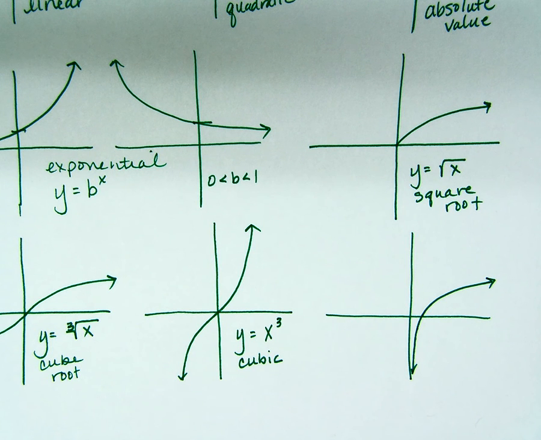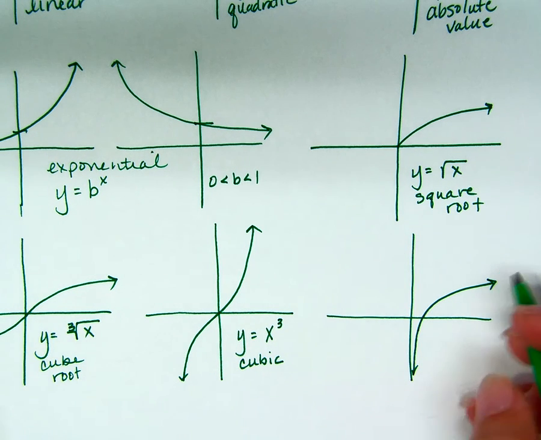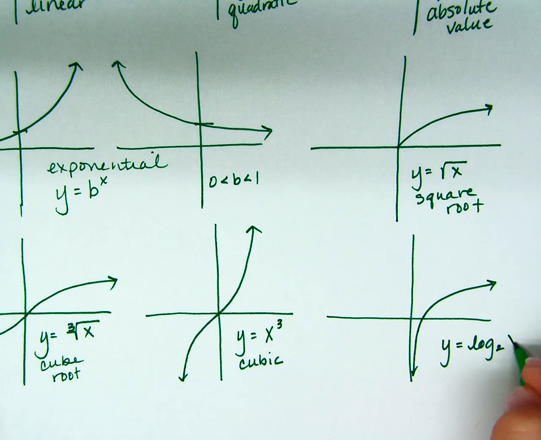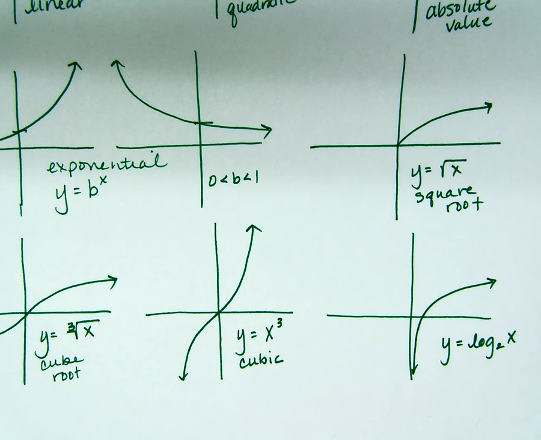It does have an asymptote. I'm just checking to see what I missed. I missed that one. So this one is y equals log base 2 of x, right? Logarithm.